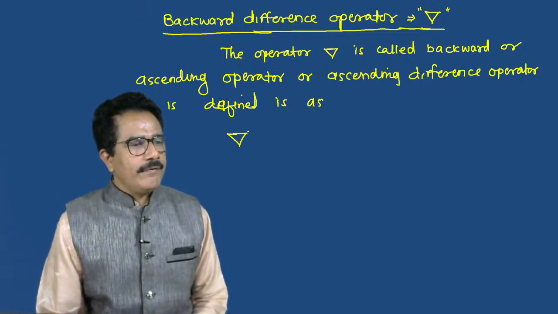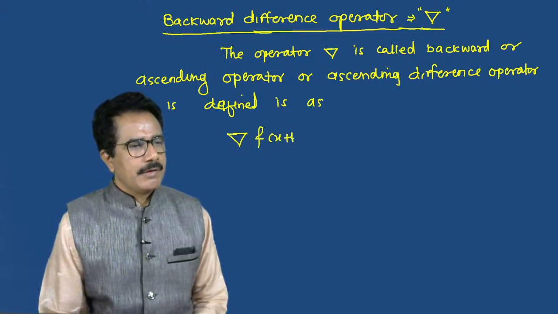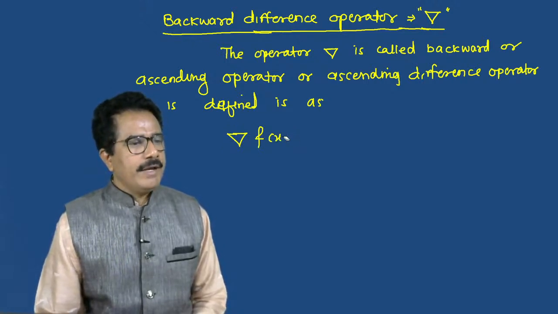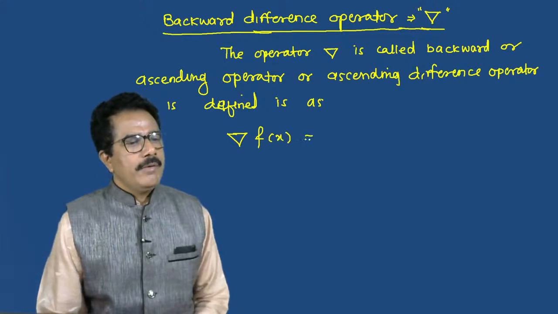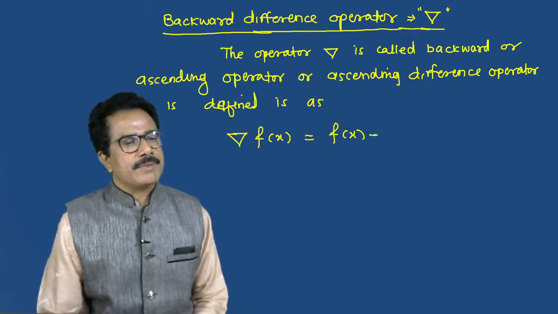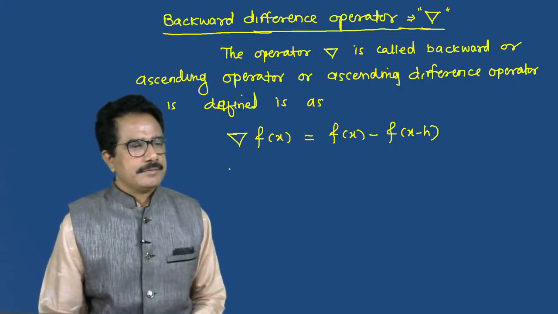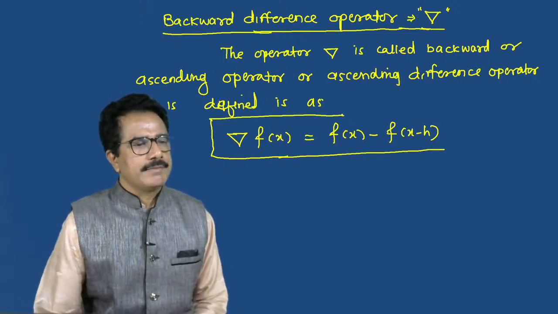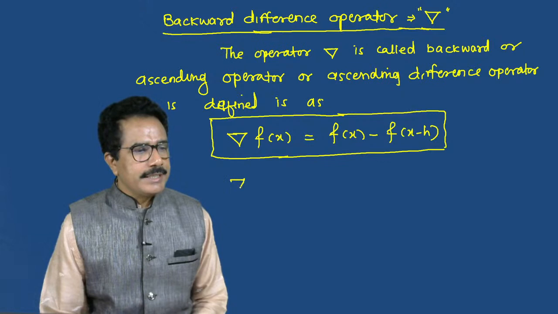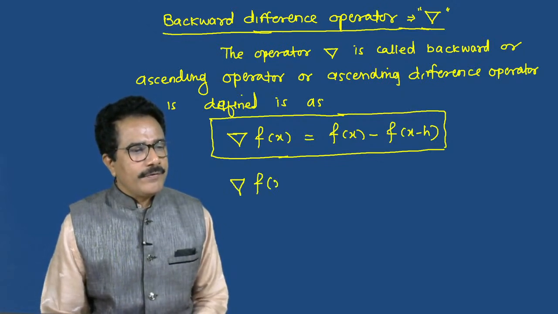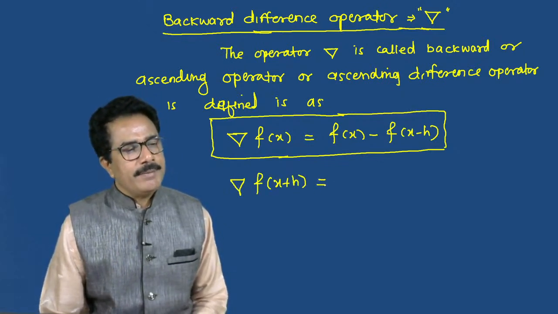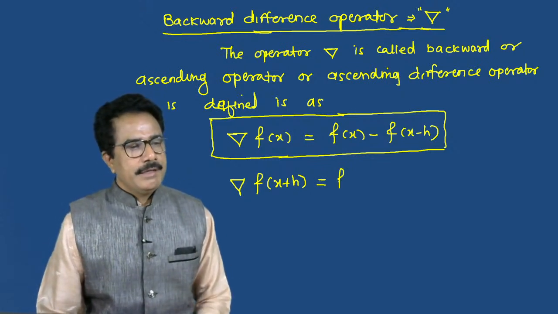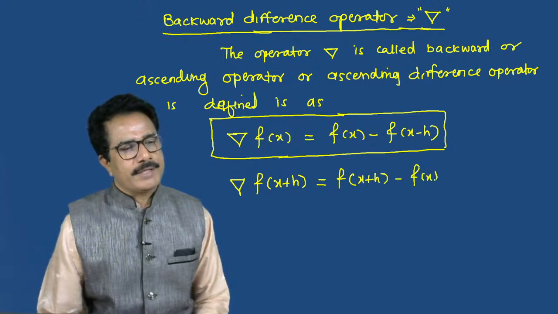del of f of x, which is equal to f of x minus f of x minus h. Or we can also write del of f of x plus h as f of x plus h minus f of x.